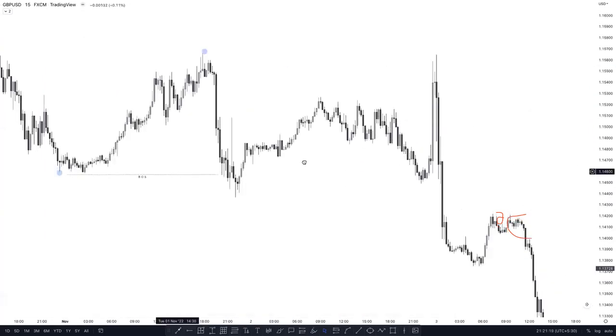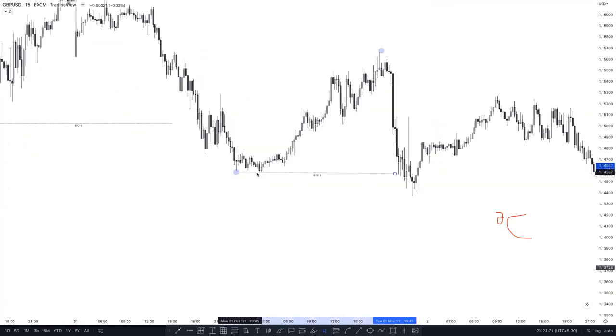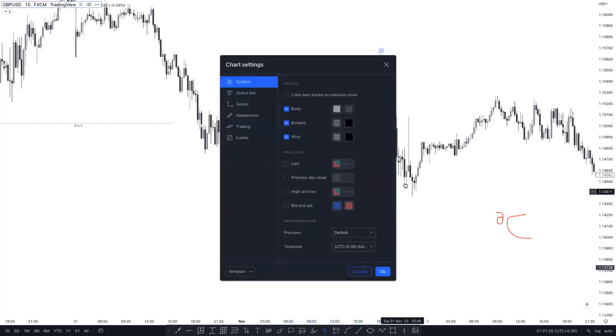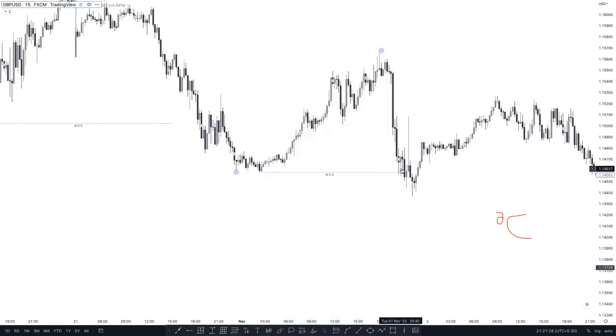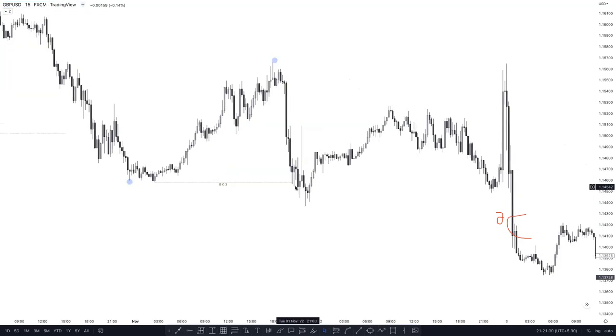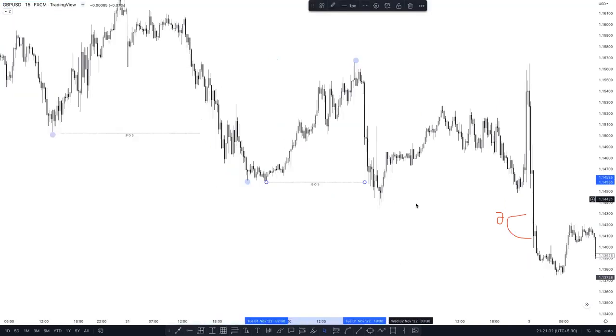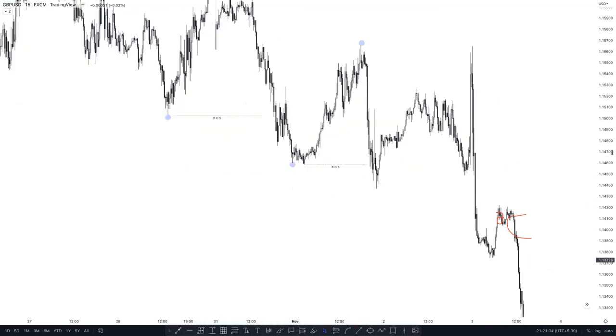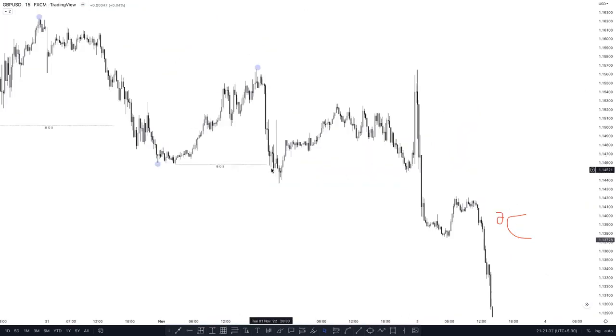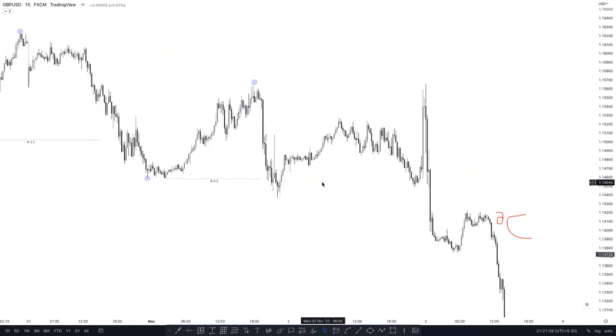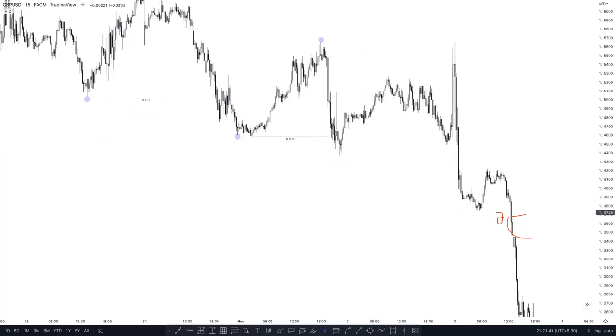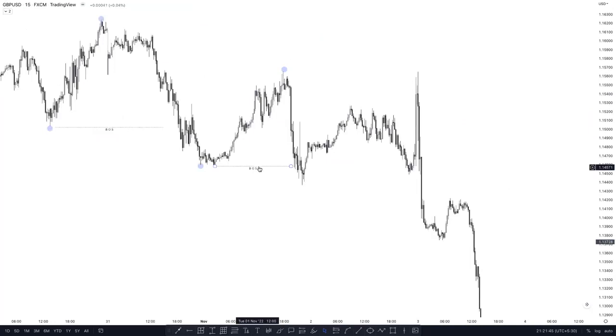I think closing is not here. Let me check once first. Okay, this was not a close, so this is not a valid break of structure here, because market did not close below it. So I will not count this as a BOS, but definitely in the next move the market closed below it.